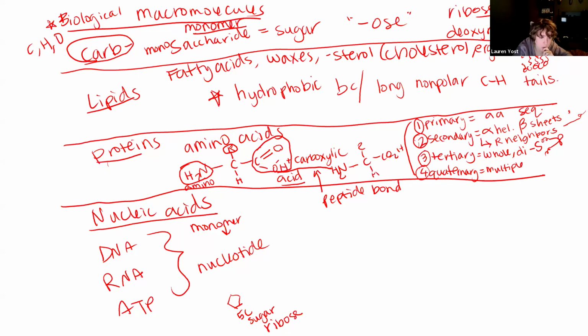Okay, that's the difference. And that sugar is bound to a phosphate, which is a PO4, which I'm not even going to try to draw, but you guys know already that this is going to be a heavy negative charge. And that sugar is also bound to a nitrogenous base. We'll put NB here. And it's fancy. It's got a lot going on.